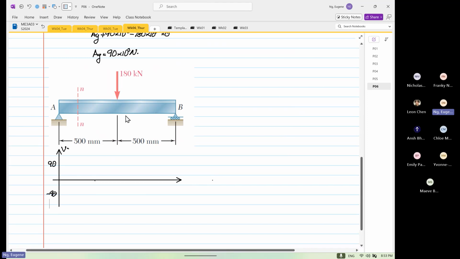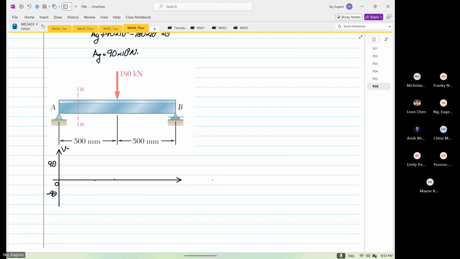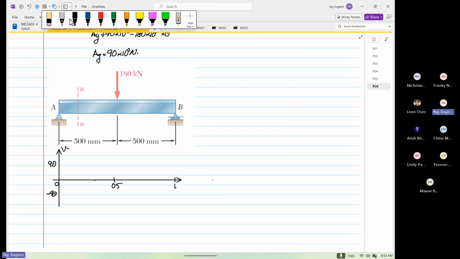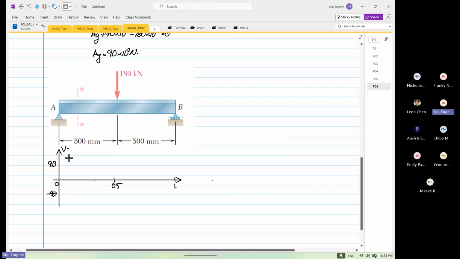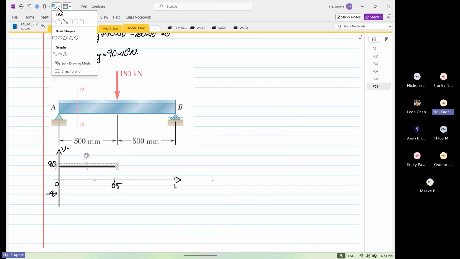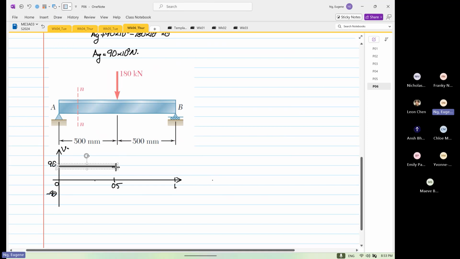So we know that from A to the center, right? So this is 0, this is 0.5, and over here is 1. We know that this looks like this. So this will go horizontal, right? Then at 0.5, due to the force of 180, it will drop to negative 90 because of the 180 force.